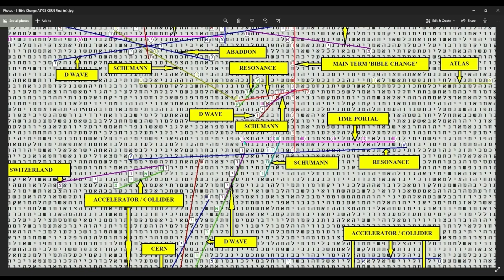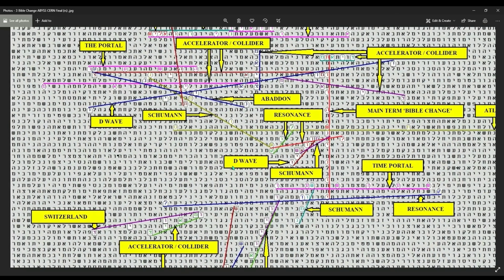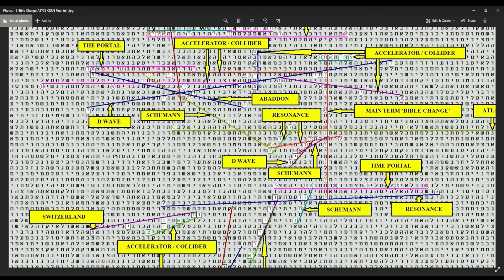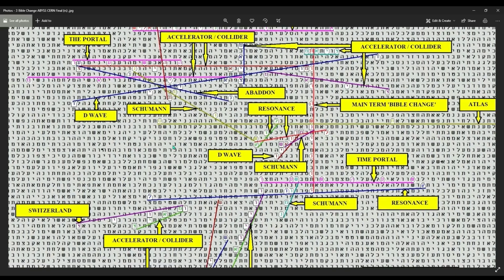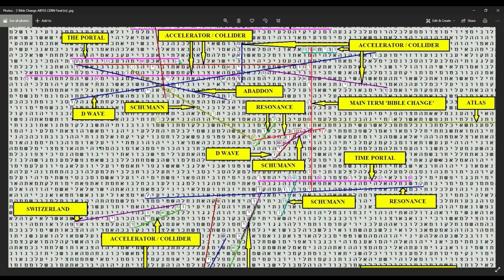And the amazing thing is, all around this particular thing that I found quite accidentally actually, time portal in the pink. I found that accidentally because over here is the word portal, and I'd looked for that term and found it twice, because the hey is the in Hebrew, so that actually says the portal in Hebrew.